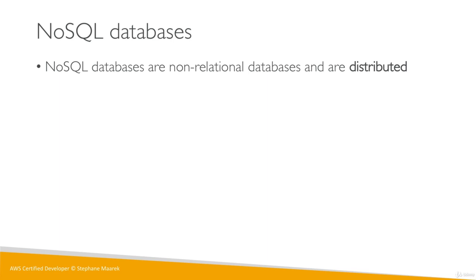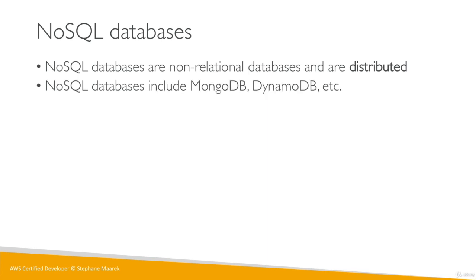So this is a stark difference with the relational databases that we had to have one and scale vertically. These ones are non-relational, so we can't do joins, and they're distributed, so there's going to be some kind of horizontal scaling. These databases can include the very popular MongoDB, but also for the cloud, DynamoDB.